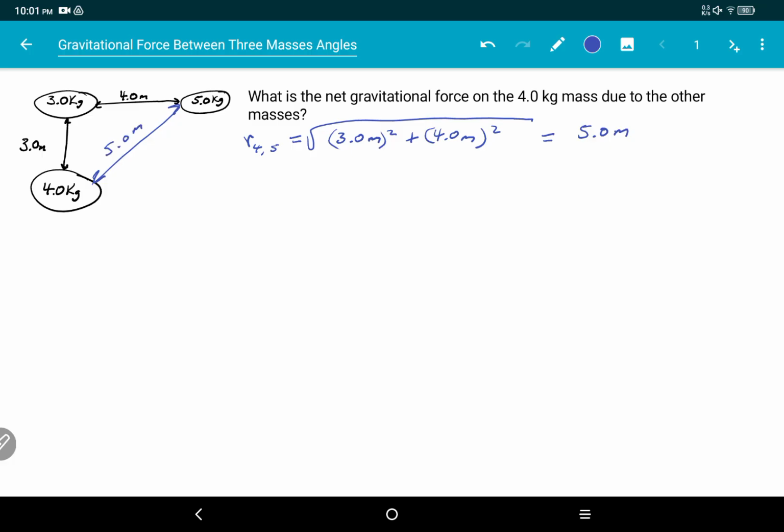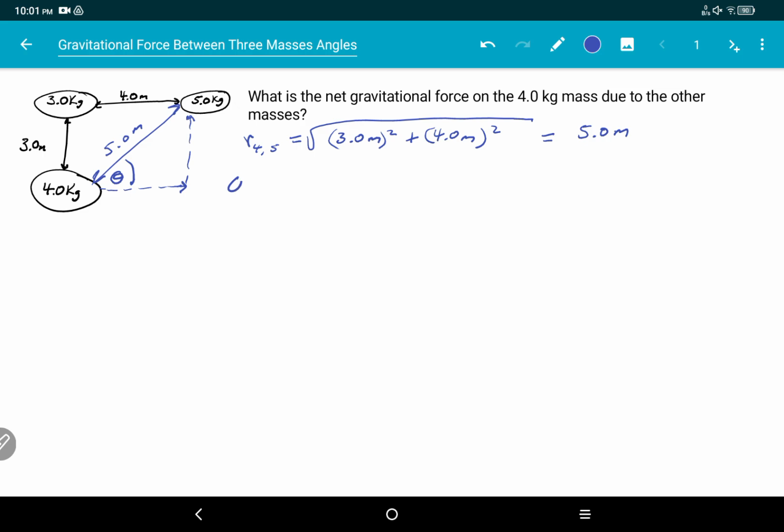Good, we now have the distance for our gravitational force for r, but we also need this angle, so we're going to need to calculate our x component and our y component, and theta will be right here. Now we can figure out our trig functions.